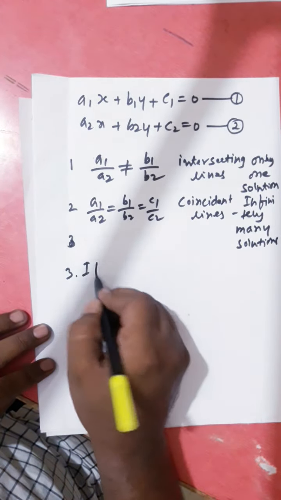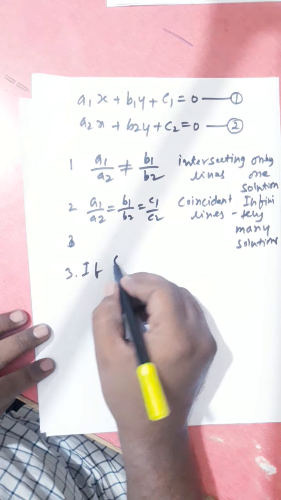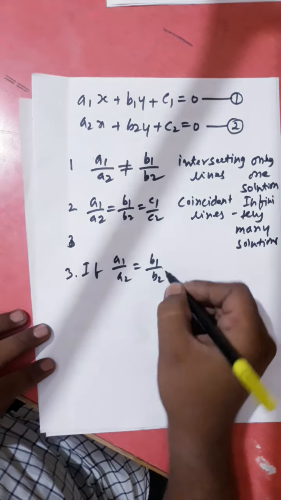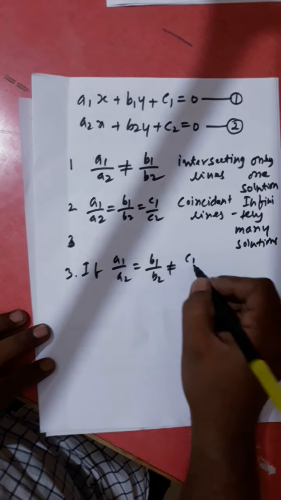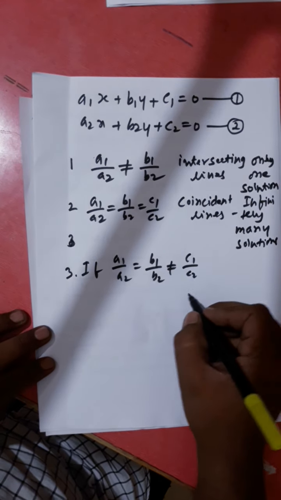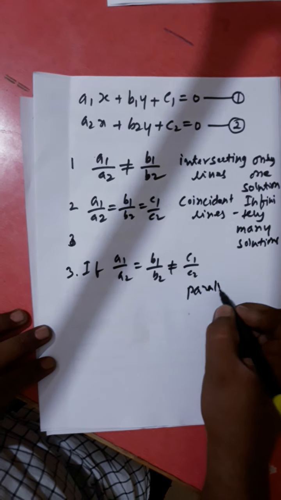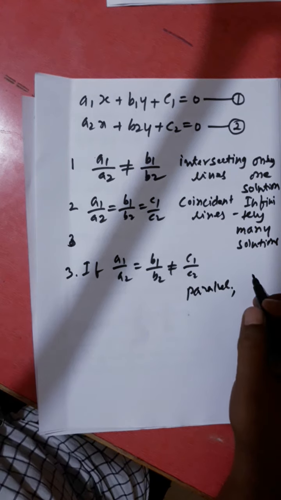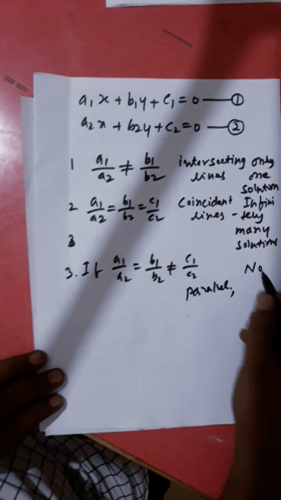If a1 by a2 is equal to b1 by b2 and not equal to c1 by c2, what is the nature of the lines? Parallel lines. Then how many solutions do they have? No solution.